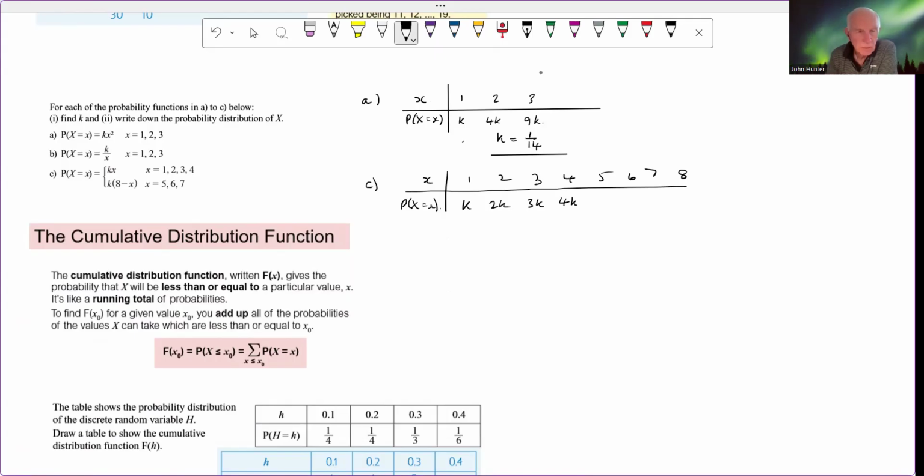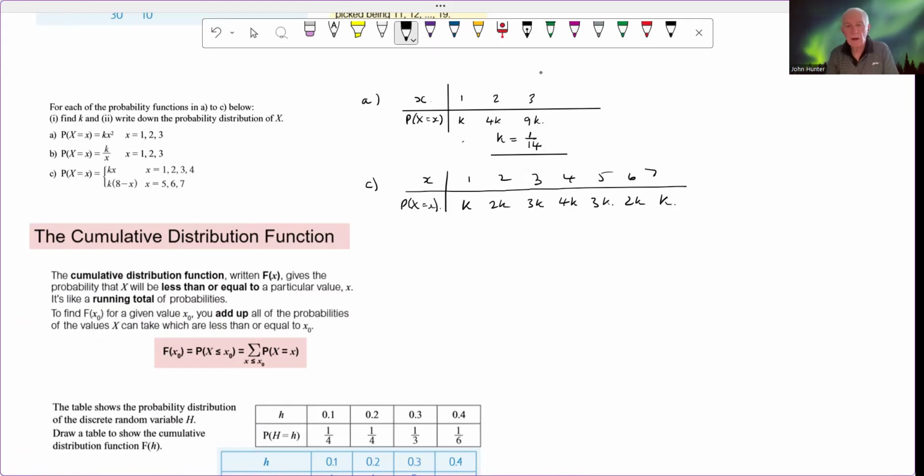And this time for 5, 6, and 7. Oh, we haven't got an 8, have we? Get rid of that. Then it's going to be K times 8 minus 5, so 3K, and then 2K and K. So there's an interesting one.